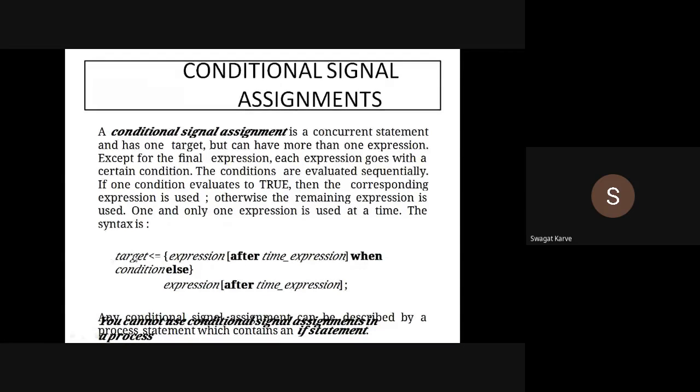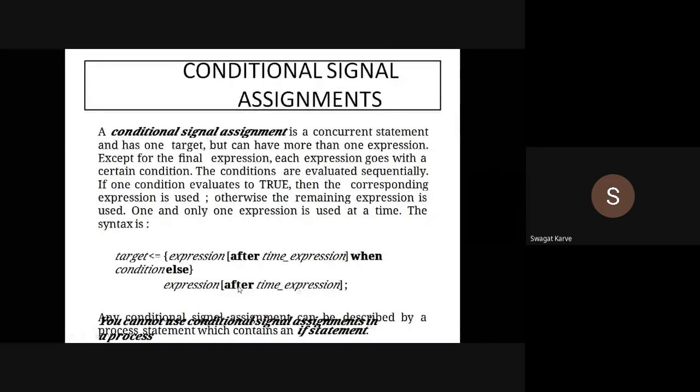That means this target will get, now we are looking at the syntax for this. This target will get new expression after this particular time when this condition is true, else this condition is true. म्हणजे it is just similar to the concurrent signal assignment. But what is the difference?